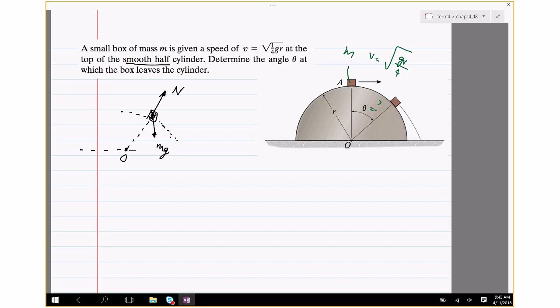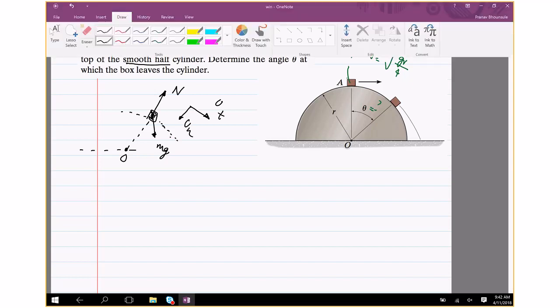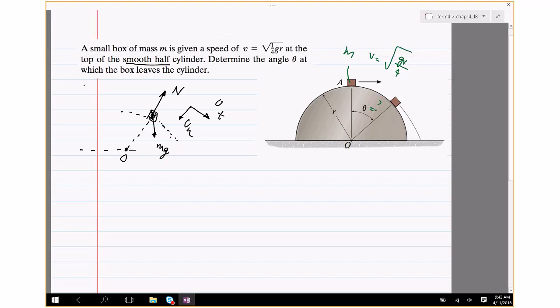So you could use nt or r theta. So nt coordinate would look like this: n and t, un and ut. Okay, so we need to write equations of motion only because we need to set n equals 0 to find the condition from which theta is to be found. So set up the equation of motion.